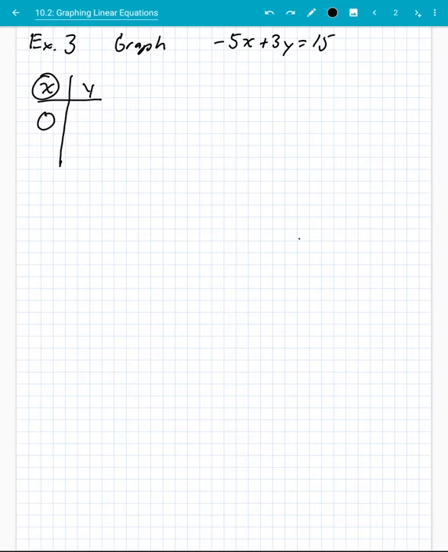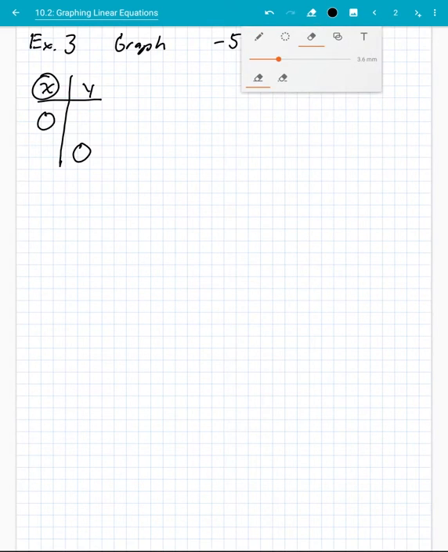So for y, I'm also going to use 0. Notice these are 2 separate points. They're not the same thing. So we have one with x equals 0, and we have one with y equaling 0 that we're going to solve for. So let's go ahead and evaluate those 2.